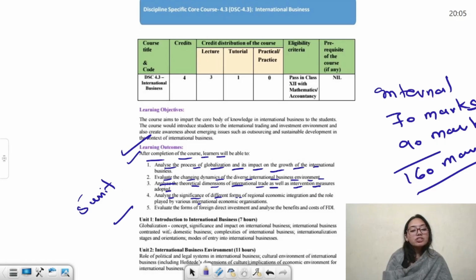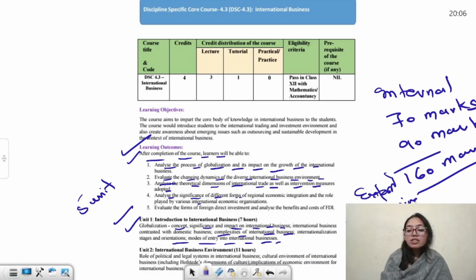The first unit carries 7 hours of lecture, and it talks about globalization, its concept, significance, and impact on international business, contrasted with domestic business, how these are different and how they impact each other, and complexities of international business, which also include the stages of internationalization of business, the orientation, and modes of entry into international business, like export, licensing, franchising, joint venture, etc.